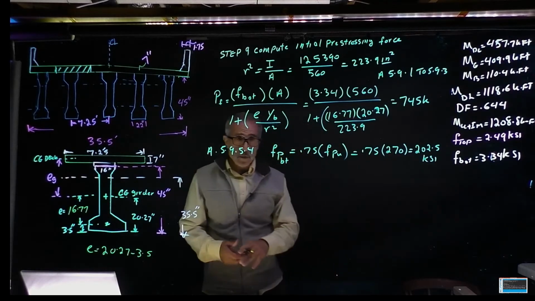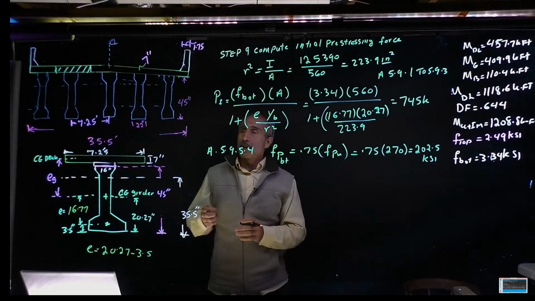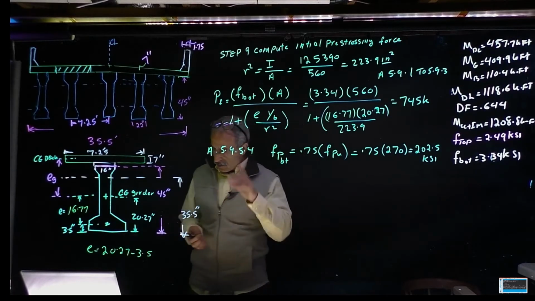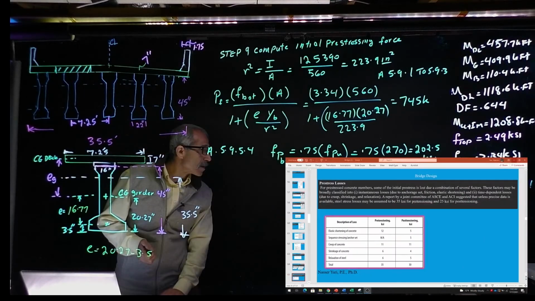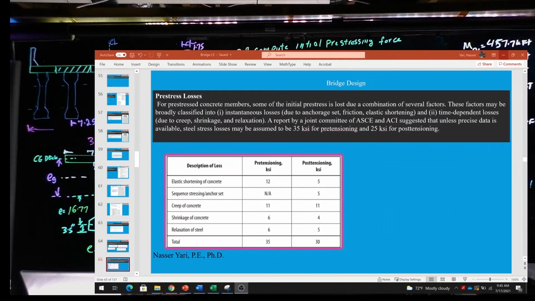And so when we have a loss, let me bring another PowerPoint right here. Okay, take a look at this. So for a pre-stressed concrete member, some of the initial pre-stress at the beginning is lost for different reasons. Some are instantaneous losses, such as anchorage set, friction, or elastic shortening, and also over time because of creep and relaxation, you're going to lose some of this pre-stressing.